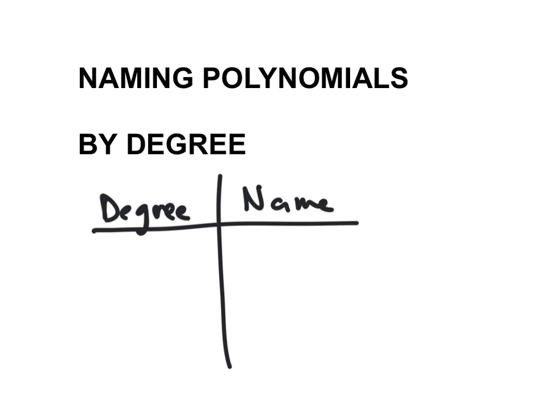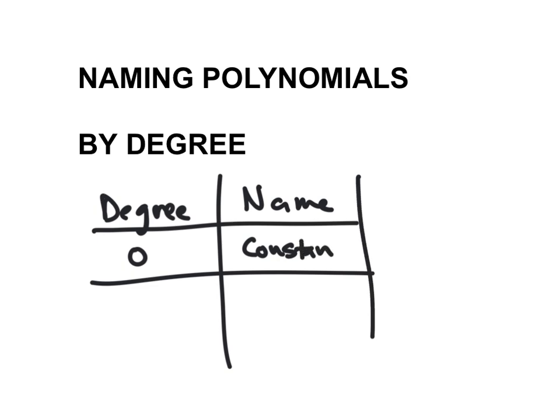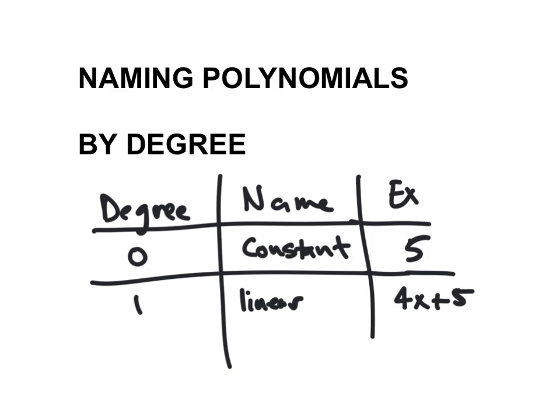If I have degree 0, then I would name this just a constant, for example just 5, okay? If I had degree 1, that is a linear polynomial, like 4x plus 5, all right?